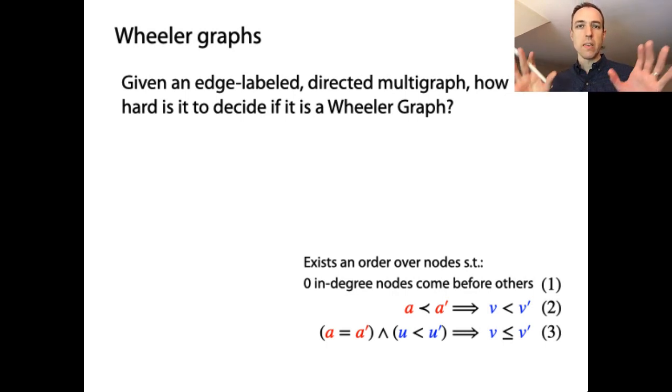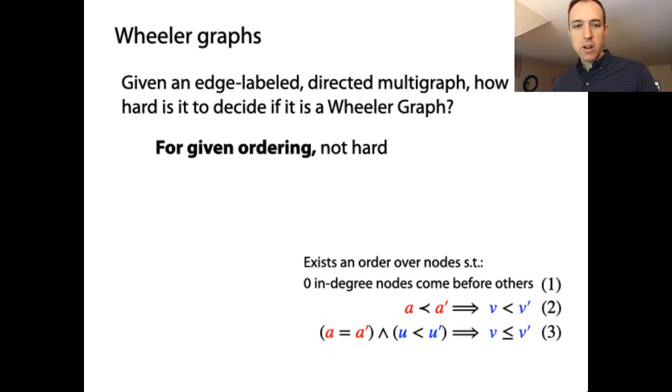If we just had to check whether rules 1, 2, and 3 all hold for that ordering, that wouldn't be too hard, right? Let's look at rule 1, for example. We just have to iterate over the nodes and check whether the 0 in degree ones came before all the higher in degree ones. That's really easy. We can do that in just a loop over the nodes.